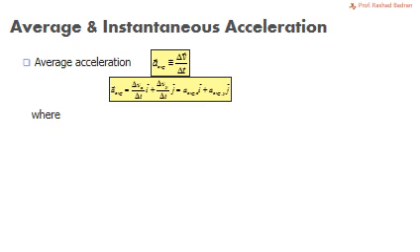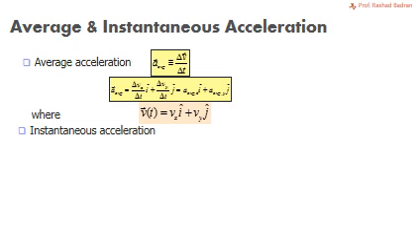Simply by substituting the relation of the velocity vector as Vx final minus initial, and then dividing the results by delta t, we're going to get two components for the acceleration: delta Vx by delta t, that is the average acceleration along the x-axis, and delta Vy by delta t, that is the average acceleration along the y-axis.